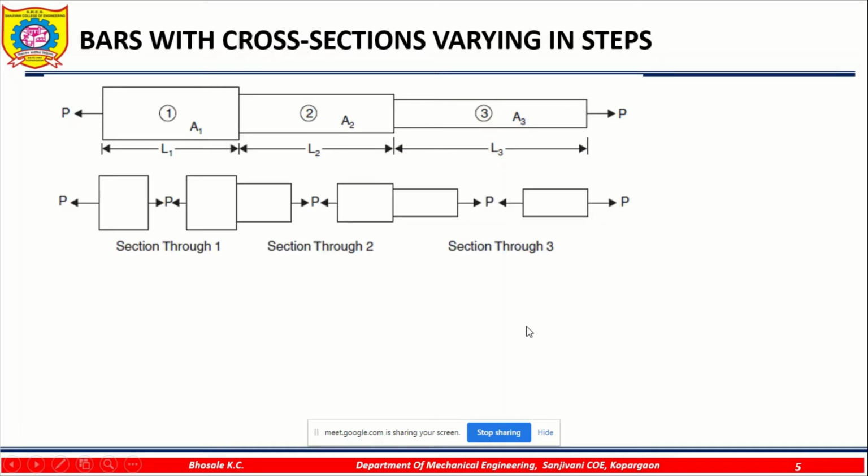From that we can find out the loads in all the 3 parts. Here this is a simple problem, only tensile load is applied on both the ends, so the same load will be there in all the 3 parts.